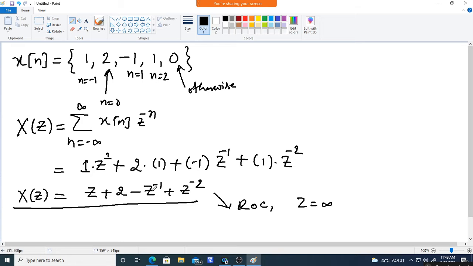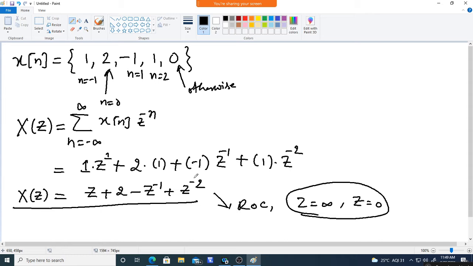Even if I put z equal to 0, it is 1 over z, so this becomes infinity. So except z equal to 0 and z equal to infinity, we will get the z transform. That is the ROC, except these two values. So this is how, if the sequence is given, you find the z transform.